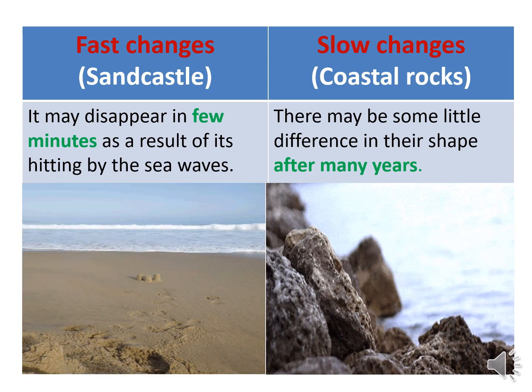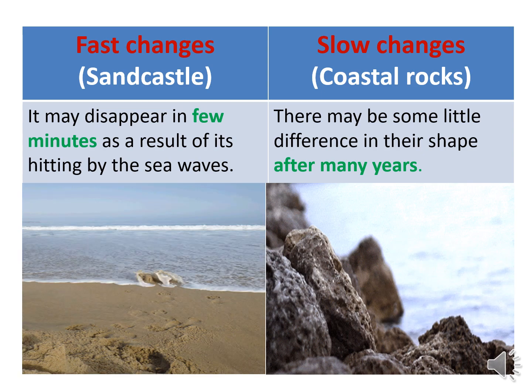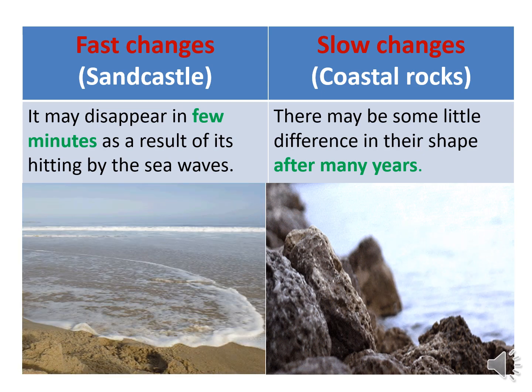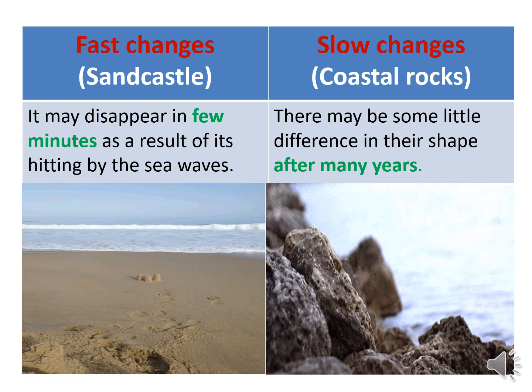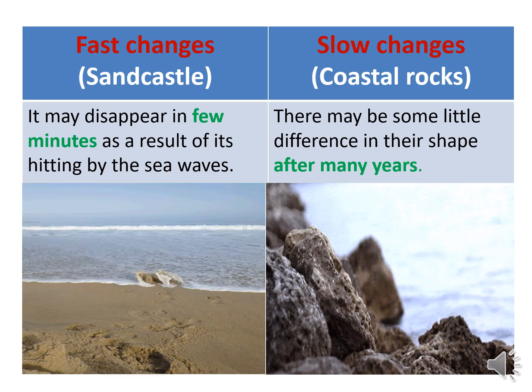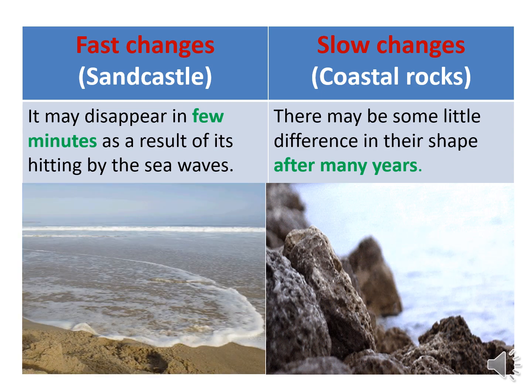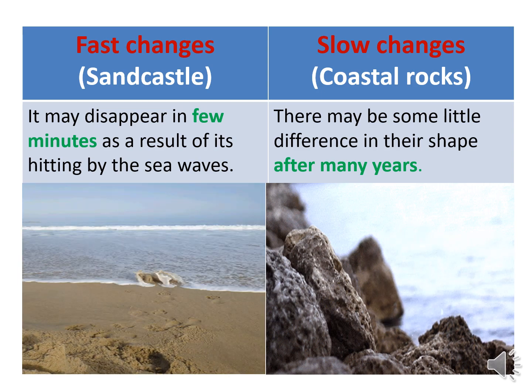Will it stay without changing, or will it disappear in a few minutes? What do you think? Excellent. It will disappear in a few minutes. So is this an example of fast changes or slow changes? Yes, a sand castle is an example of fast changes.